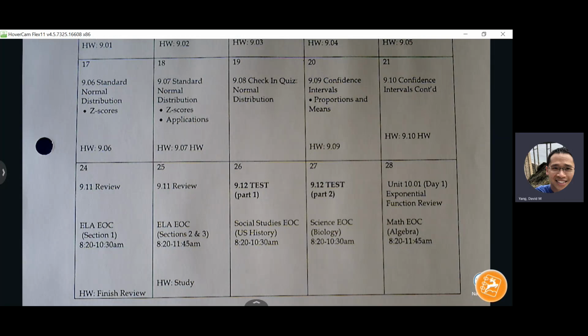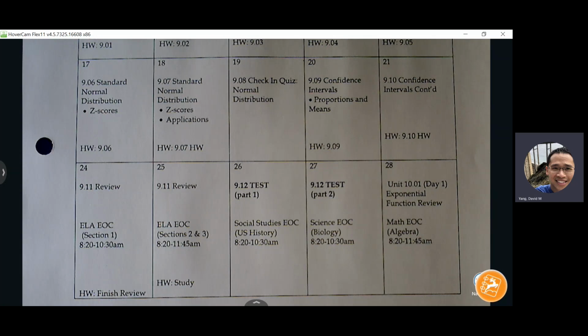But Monday, Wednesday, Thursday, we should have a good 30, 35 minutes. So we'll take our normal test and split it up into two days. You'll take the first part on Wednesday, and then you'll take page 2 on Thursday.